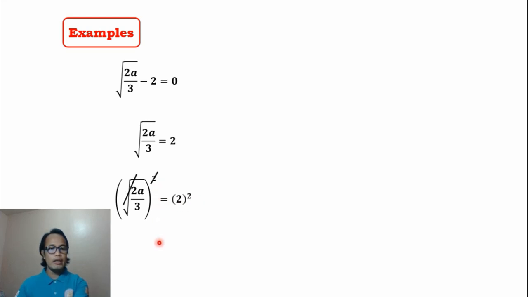So what shall remain is the fraction 2a over 3 equals the square of 2, which is 4. And next, since this is a fraction and this is a whole number, which has an assumed denominator of 1, we cross multiply. So that is 2a times 1, the assumed denominator of 4, which is 2a. Then 3 times 4 is 12.